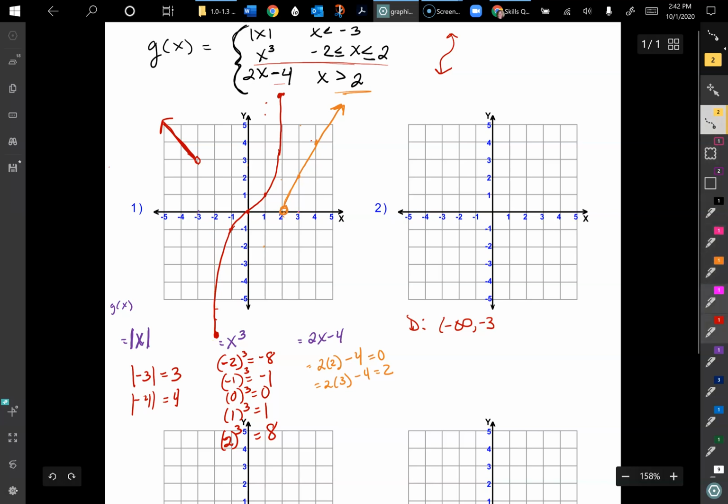So we got to be careful of that so it doesn't connect. So then I would go union bracket negative 2 up to 2, but then also, even though this is an open dot, the solid overrides, so I don't have a break there.